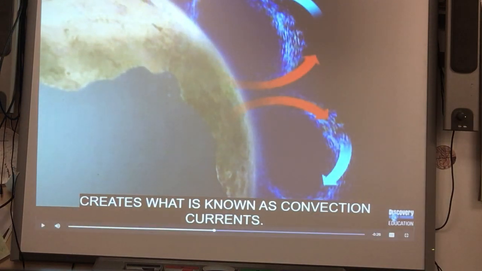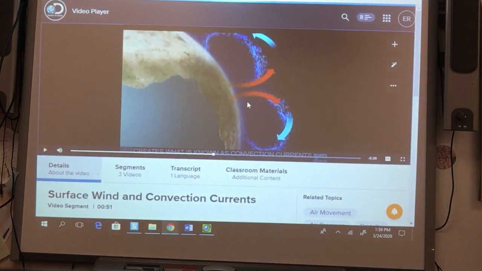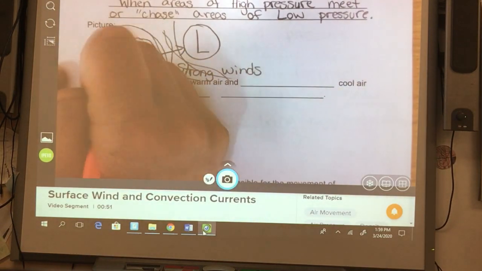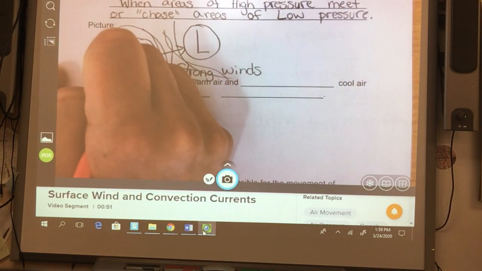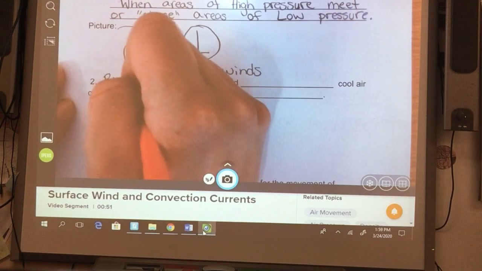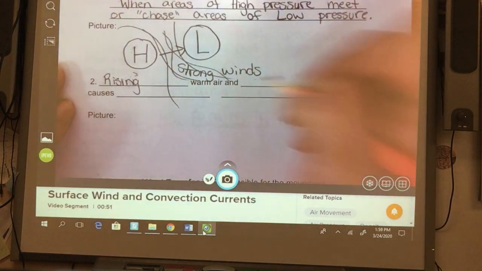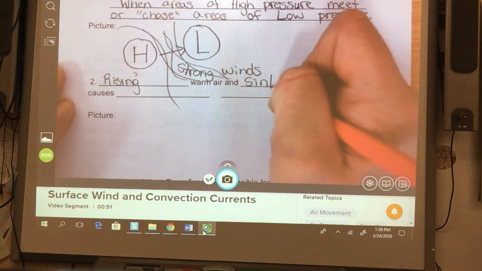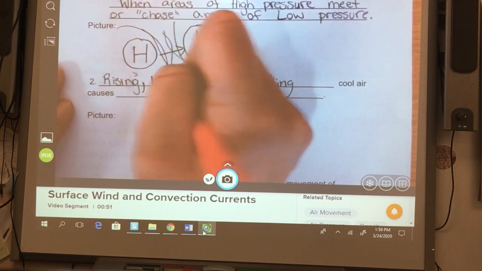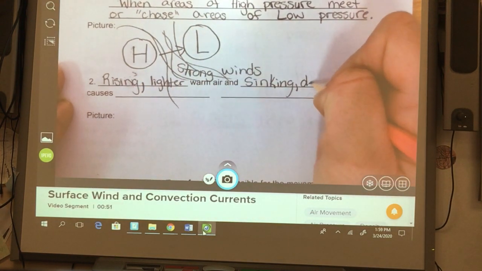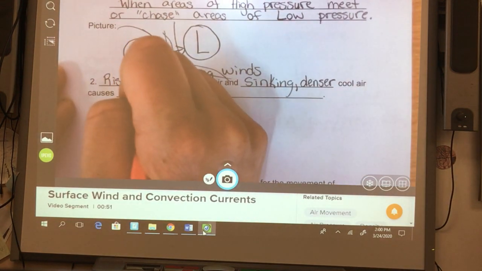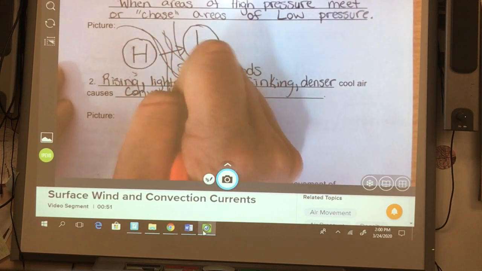Okay, so here's another answer to your essential questions. It says blank warm air, so you're going to put rising, rising warm air and sinking, and actually we're going to put rising lighter warm air and sinking denser cool air causes convection currents.